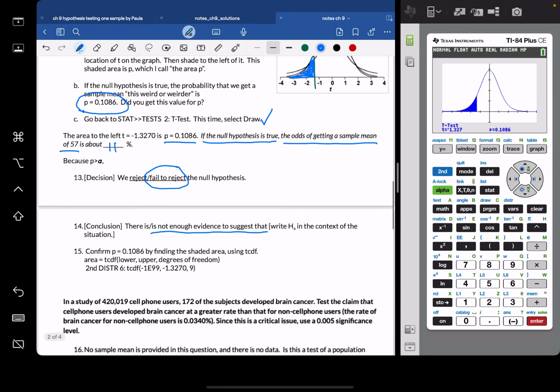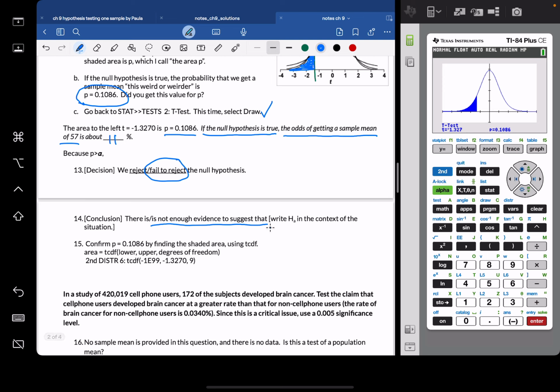We did not have enough evidence to suggest that the population mean hours worked per week is lower than 60. There was not enough evidence to suggest that. And that's how I want you to write your conclusion. Put HA in the context of the situation. So really HA was just mu less than 60, so you're wording it in real life language.